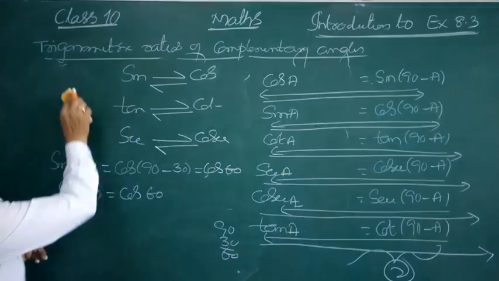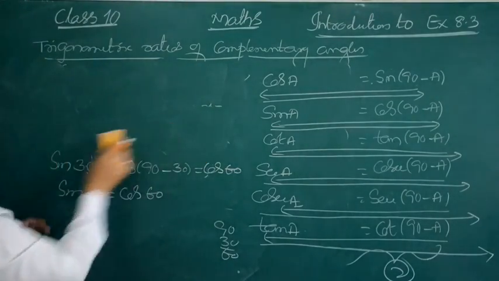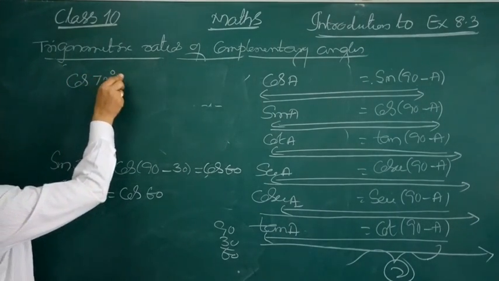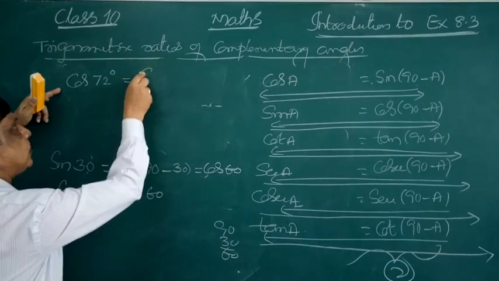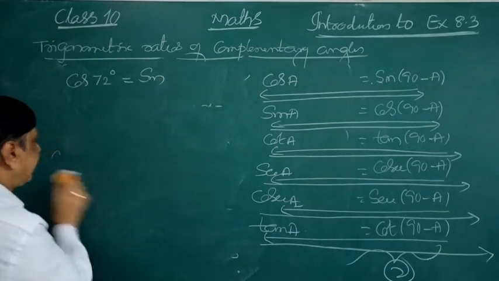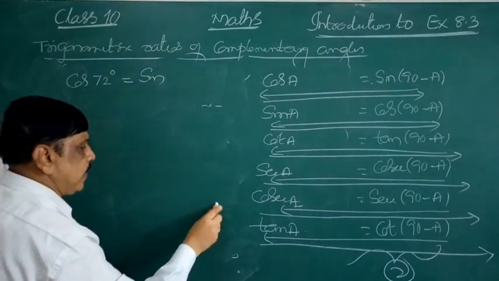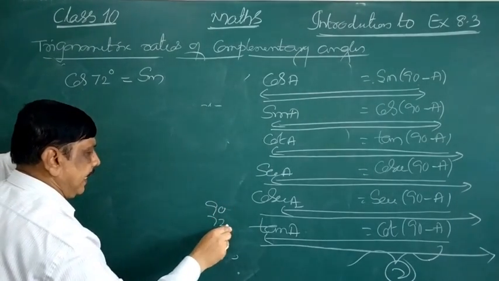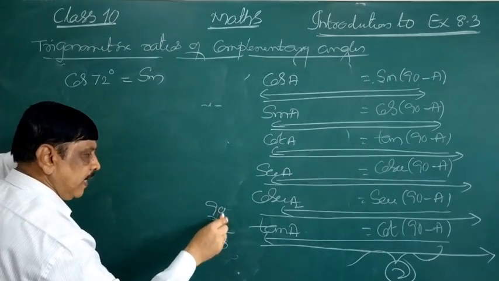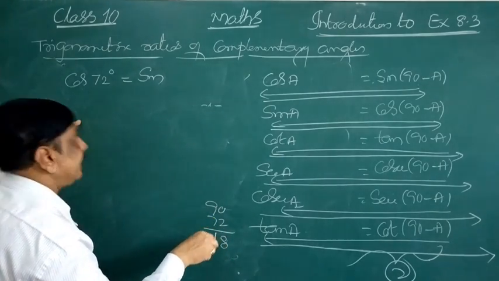Next, suppose I have cos 72 degrees. Cos changes to sin. First you write sin, and then you subtract 72 degrees from 90. So we get how much here? That is 10 minus 2 is 8, that is 18.